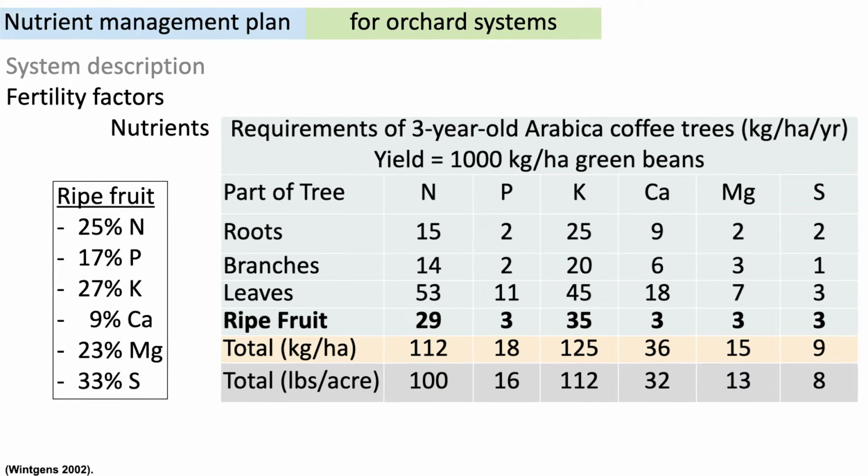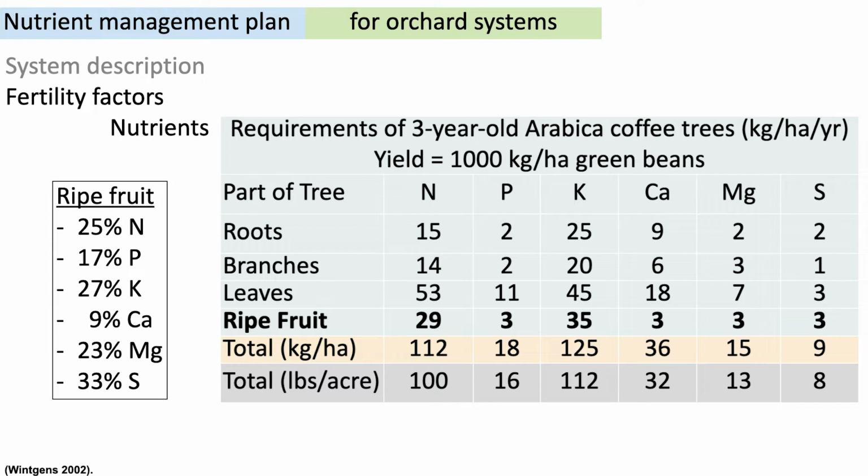What I want to show you here is nitrogen, phosphorus, potassium, calcium, magnesium, and sulfur, and the quantities of those nutrients in the different parts of the trees: roots, branches, leaves, and fruit for this 3-year-old tree. You can see that the fruit only contains a minority of the nutrients, so the majority are held in the roots, branches, and leaves.